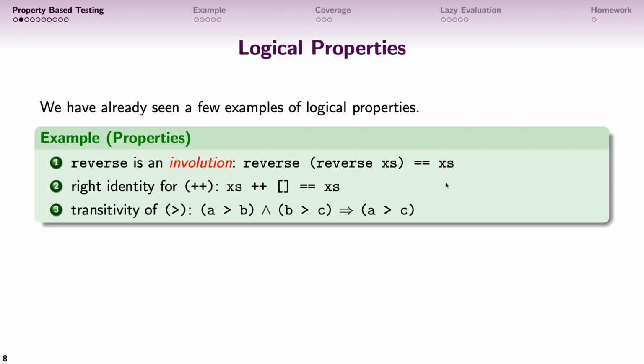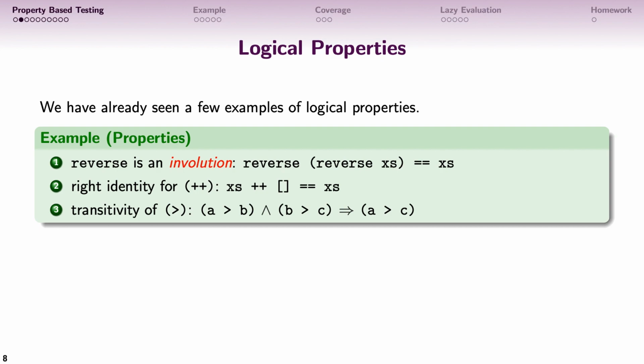So if we can come up with a set of properties that together state exactly what we want our program to do and exactly what we don't want our program to do, then that set of properties would be the definition of correctness for our program, right?